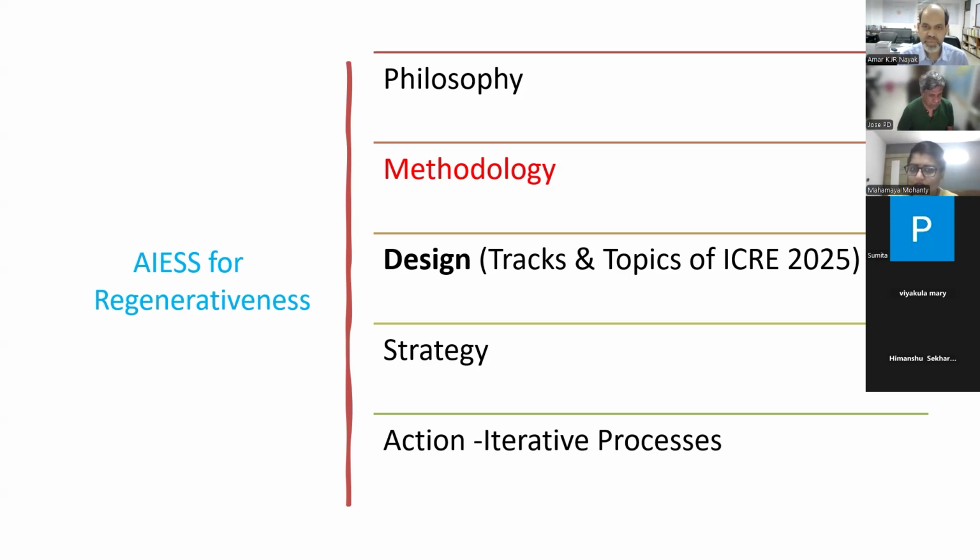But today's focus would be on methodology. Once the methodology is clear, the strategy for action also becomes more clear and more coherent, and that gets subsequently into the action or iterative processes. But today's session, as we have already outlined, is to look at methodology and methods.